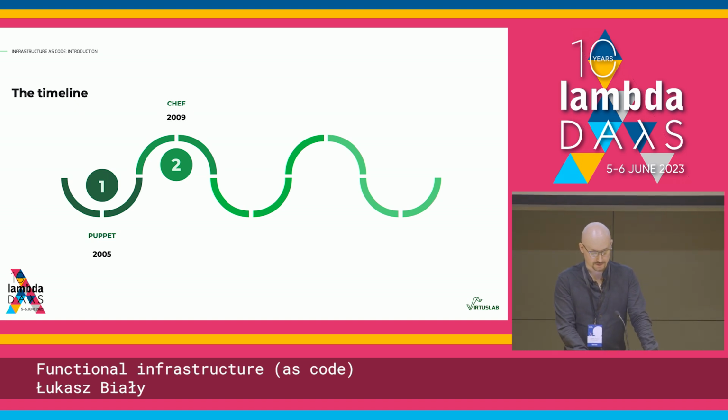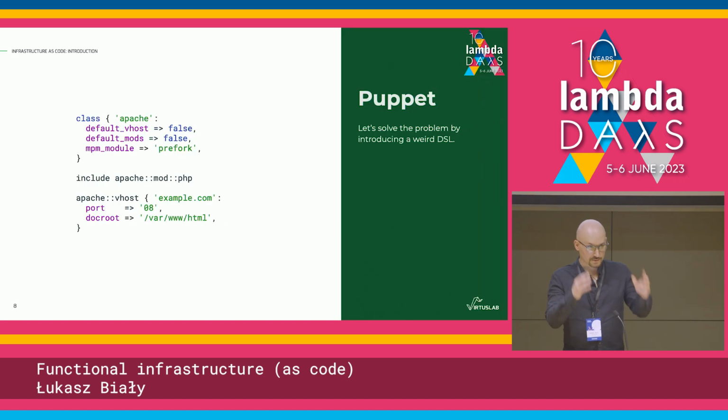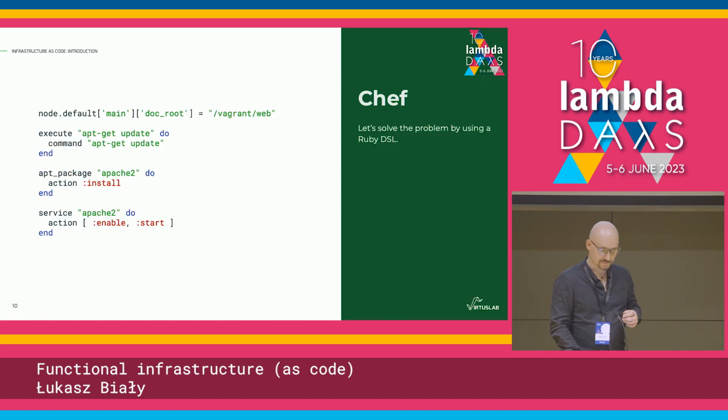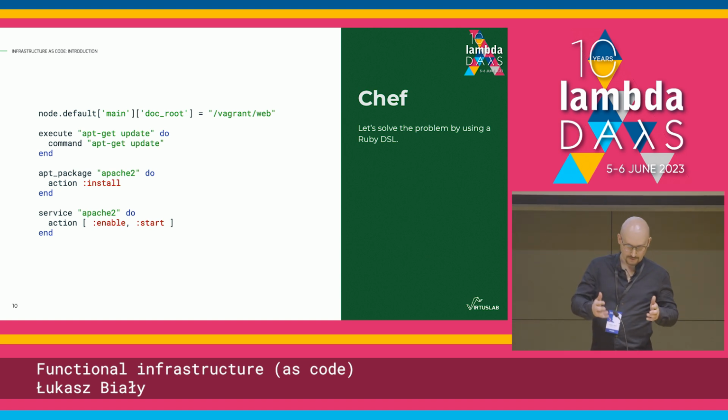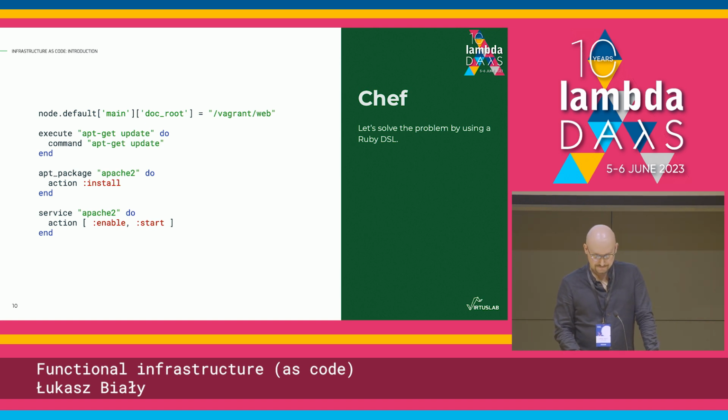The market addressed the problem. Chef introduced a new big idea. Let's introduce an actual programming language to the table. Let's give the ability for the user to use a programming language, but let's bolt on a Ruby DSL on top of that and just call it a day. So stuff looked like that in Chef.